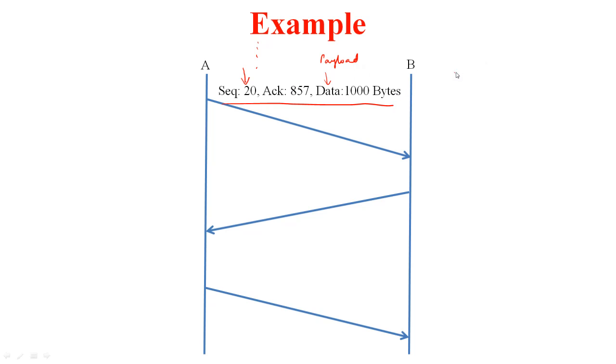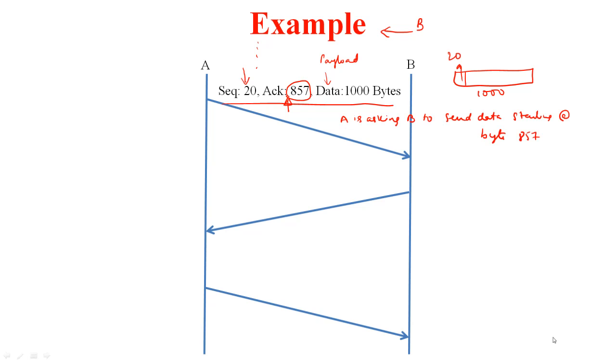So what this means is out of this 1000 bytes, the first byte sequence number is 20. And this segment is acknowledging some data that was in the past sent by B. And the fact that it is saying 857 means that A is asking B to send data starting at byte 857.